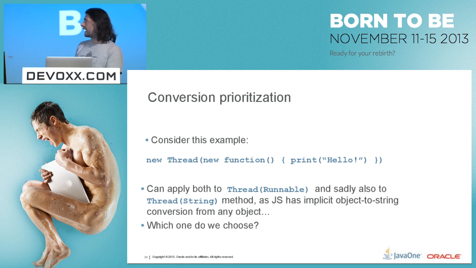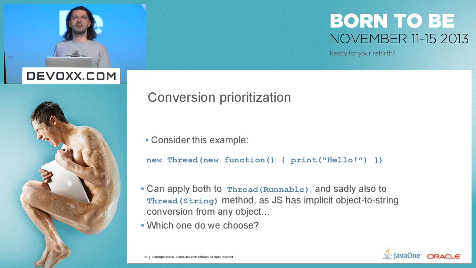Now, in early versions of Nashorn, we were actually getting an overloaded method selection error here, because thread has 2 constructors. It has more, but let's consider these 2. It has one for runnable and it has one for string, because you can construct a thread and give it a name, and you will figure out the runnable later. So, a computer is only as smart as we program it.